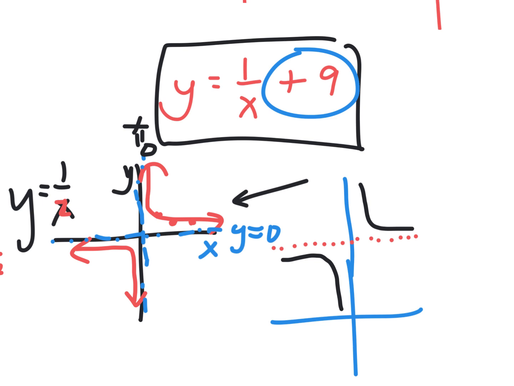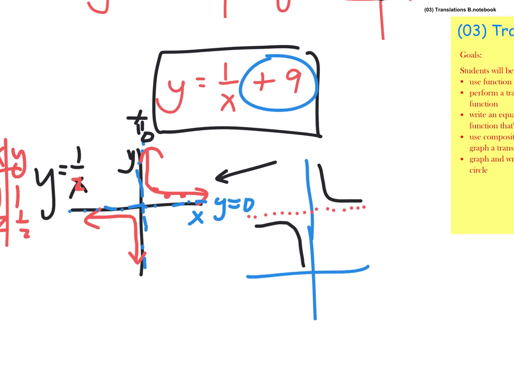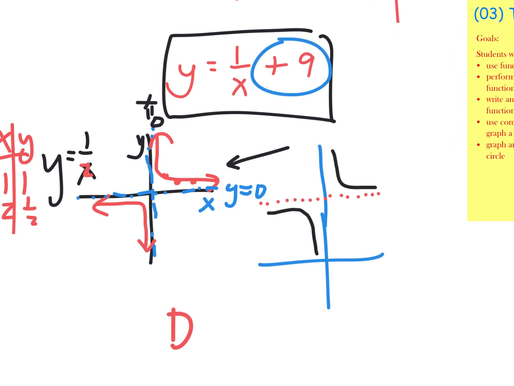All right, and then we asked you yesterday to get the domain and range of them. I'm starting with a really tough one here because the domain seems like it goes forever in both directions. Remember, this is the x's. The x's seem like they go forever in both directions, but what is the one number they can't hit?